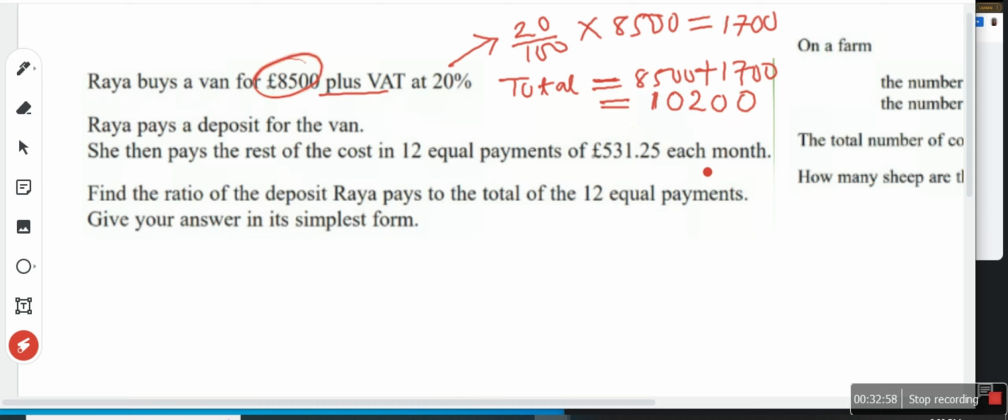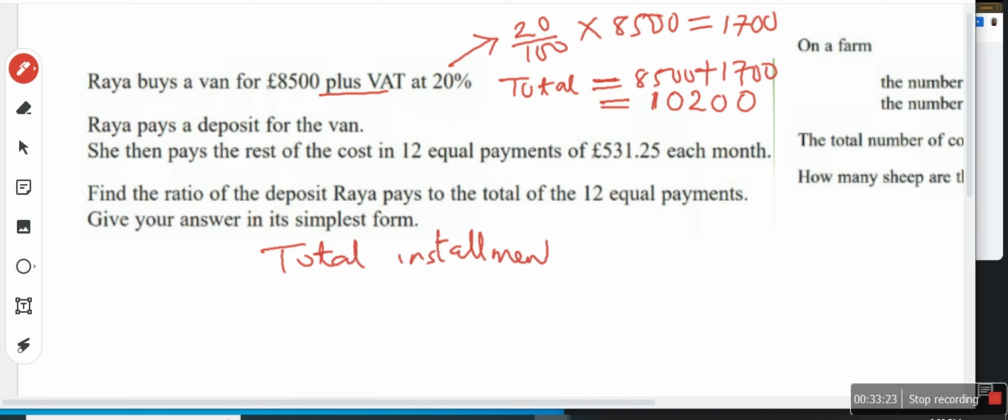The value plus a VAT of 20%. Now he begins to pay $531.25 each month and paid it in 12 equal installments. So let's see how much he paid in total. So total installments: $531.25 times 12, and what does that give you?